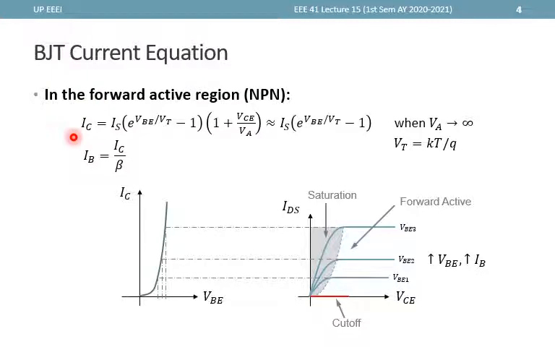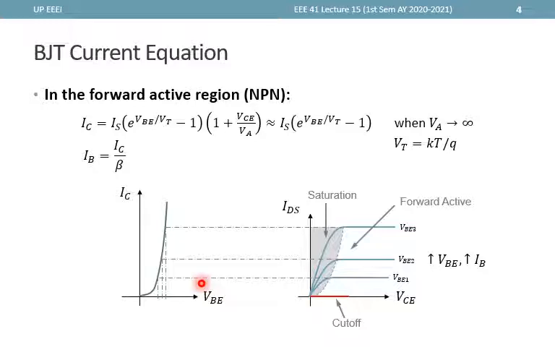And since this formula depends both on VBE and VCE, that's why we are using a family of curves to represent the IV curve of the BJT. But if we want to plot the current in terms of VBE, or using VBE as the x-axis, then we'll have to assume some value for VCE.